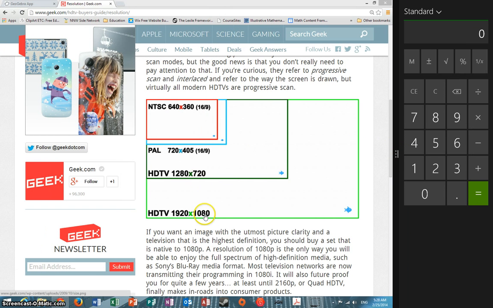So if we take this 1080 and we divide by 720, we get 1.5. That means that there is a dilation of 1.5 to increase from 720 to 1080. What about for 1920? 1920 divided by 1280 gives us also 1.5, so you're increasing the dimensions from 720 to 1080 by 1.5.